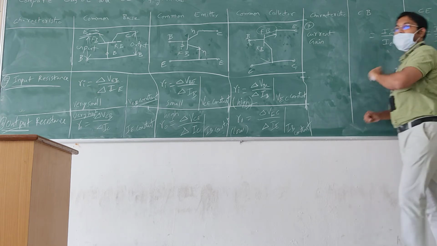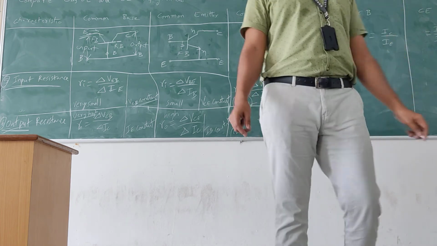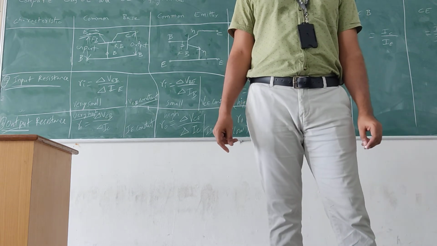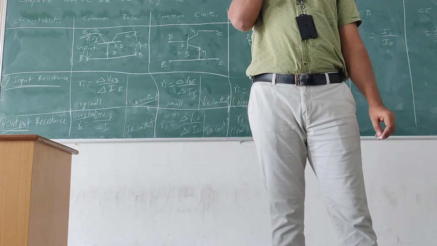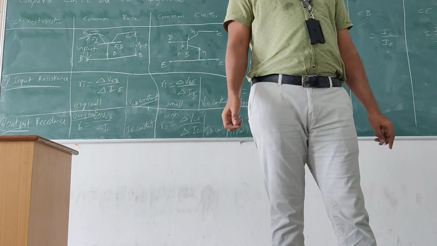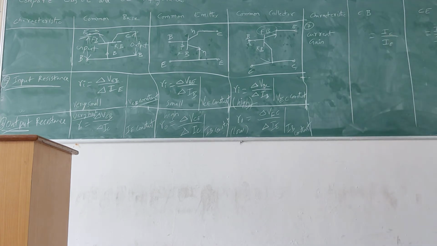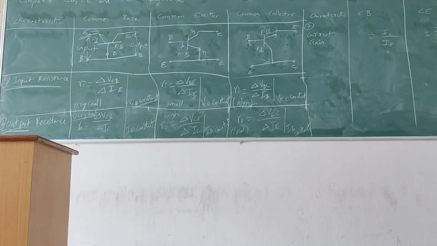What is IC by IB? It is nearly equal to beta. It is already there in your notes. Last class I told you, IC is nearly equal to beta into IB.